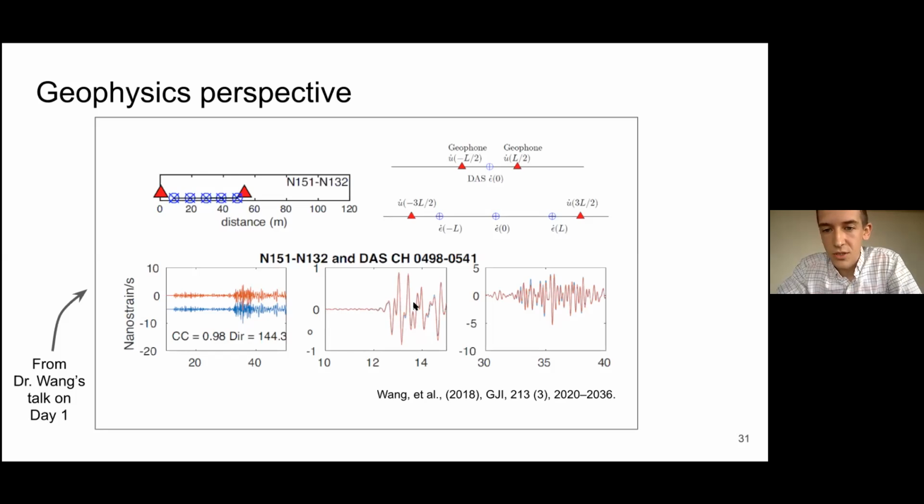We described on the previous page that these things are comparable. So from the geophysicist perspective, I think it's very clear that this idea of DAS works for the phase information here, right? These are very clearly lined up waveforms.